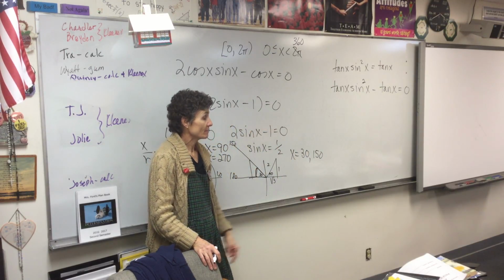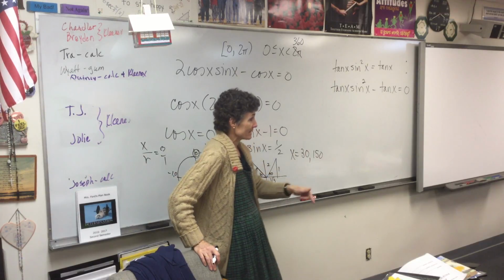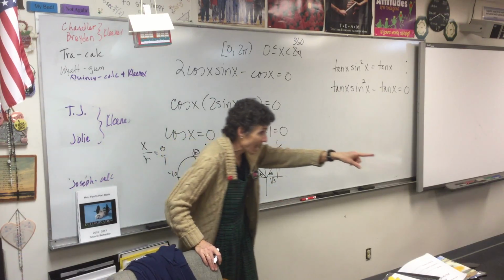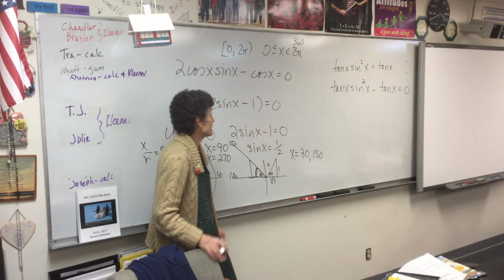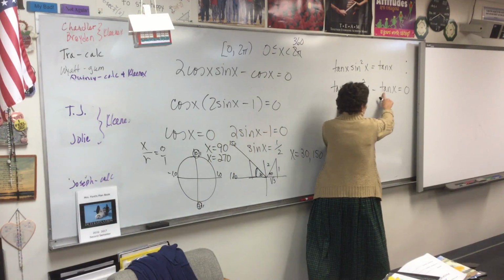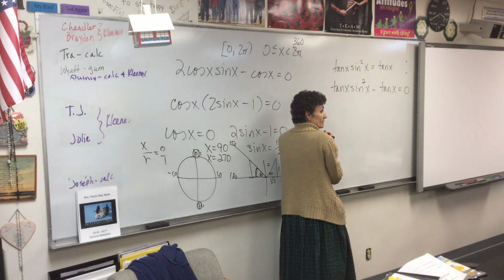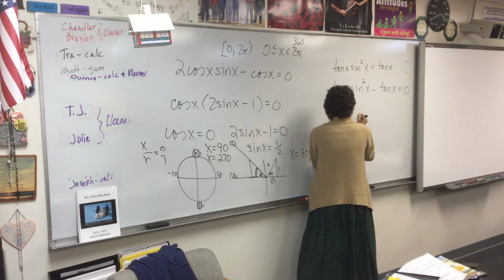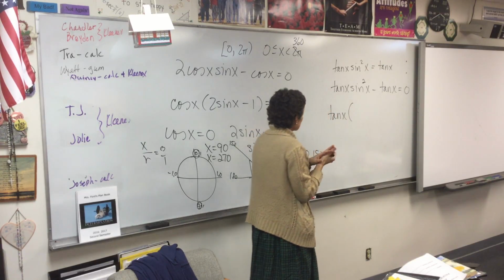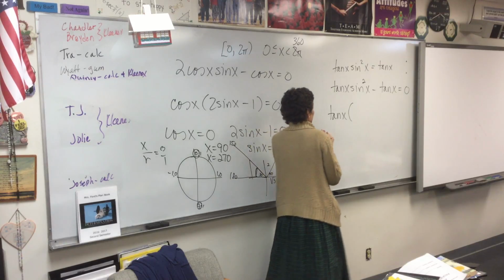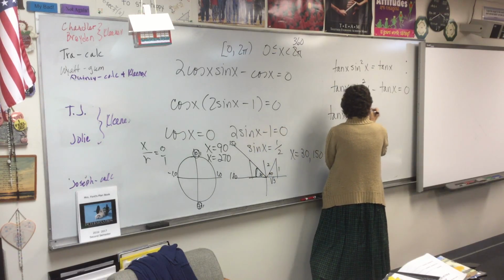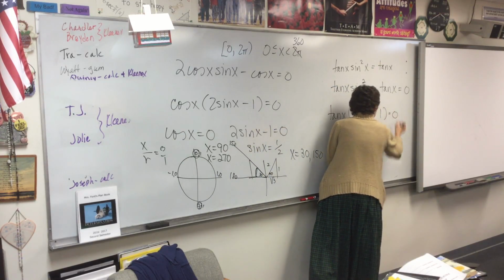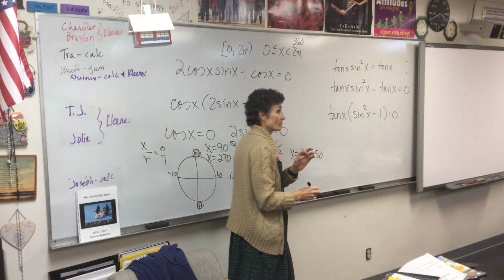All right, I'll say that again. Do not divide and cancel. Subtract, like Brenton did, and then what can you do now that you subtracted? Now you can factor. So I'll take out a tangent, and what will I be left with? Sine squared minus 1. And then set each equal to 0.